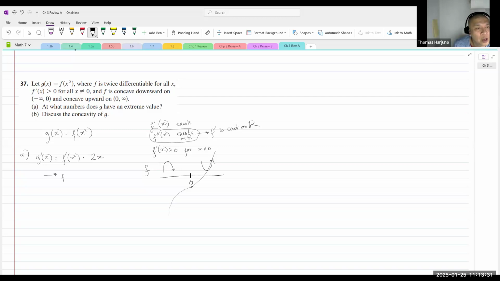Now, f prime x squared is positive for x not equal to 0. We don't know about f prime 0, but we know at 0, g prime 0 will be 0. So critical number at x equals 0, and it is continuous at 0 though.